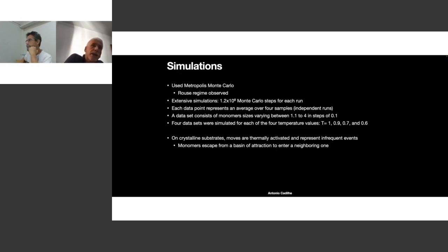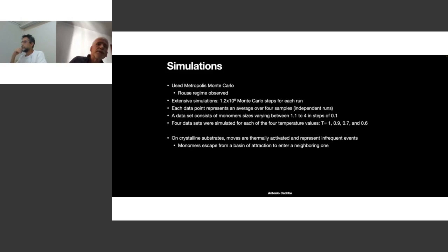Of course, if I have just a thermalized polymer on a crystalline substrate, I should recover Langevin dynamics, which means that the diffusion coefficient should go as 1/n. So from that point of view, I should not expect a change in the universality class.